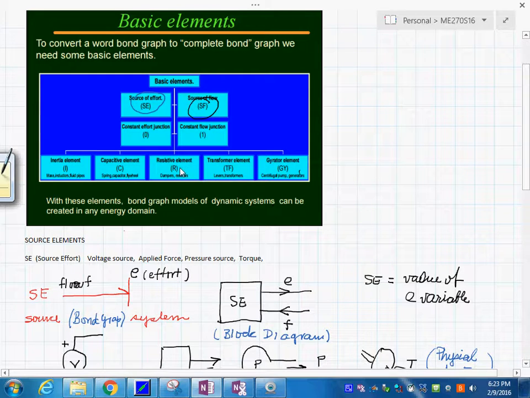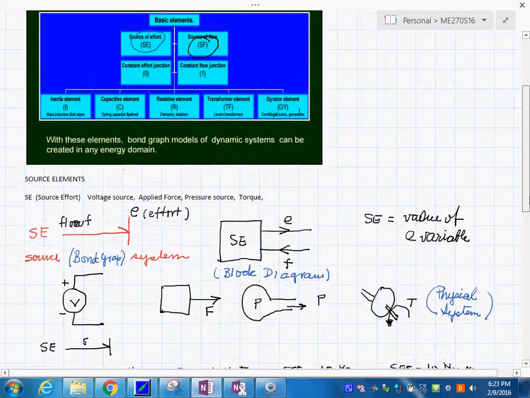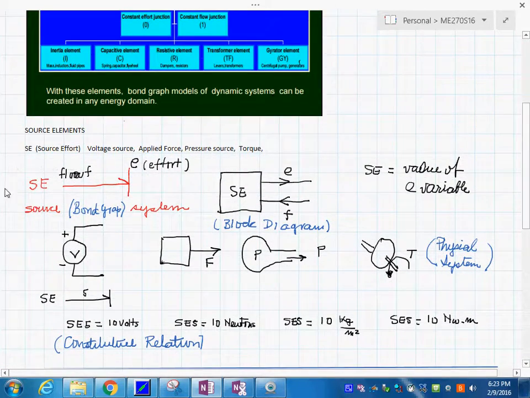Then in here you have the electrical domain, the mechanical domain, then the hydraulic domain, and then the rotational domain. So depending on when you put it like this, the notation, to make it easier in here, you could put that value of 10 like this, see, with two little dots in here.